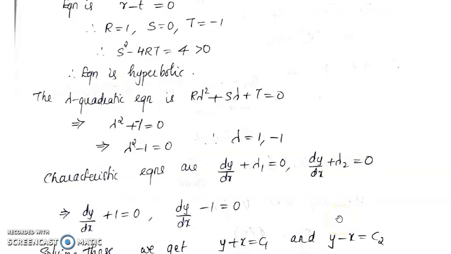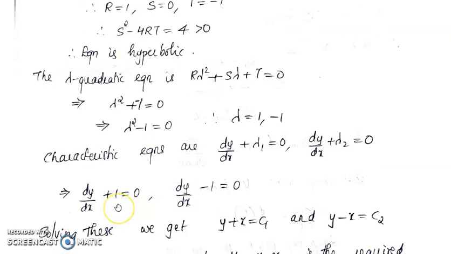Substituting lambda 1 and lambda 2, you get dy by dx plus 1 equal to 0 and dy by dx minus 1 equal to 0. Then dy plus dx equal to 0 and dy minus dx equal to 0. Integrating, you will get y plus x equal to c1 and y minus x equal to c2.